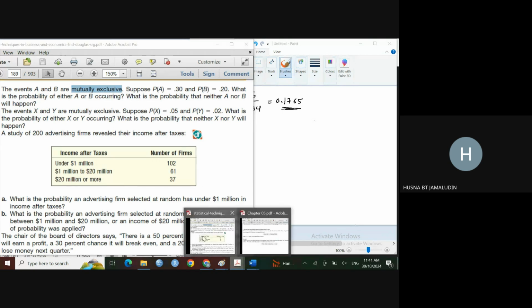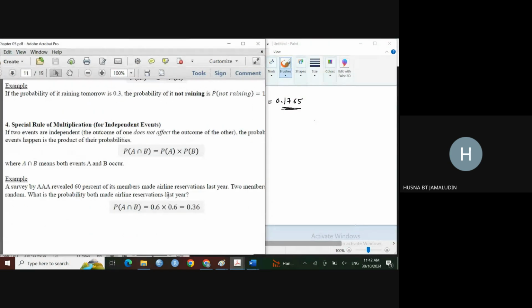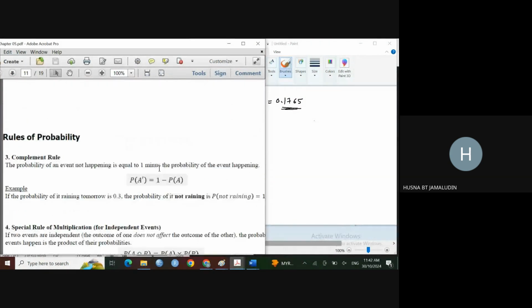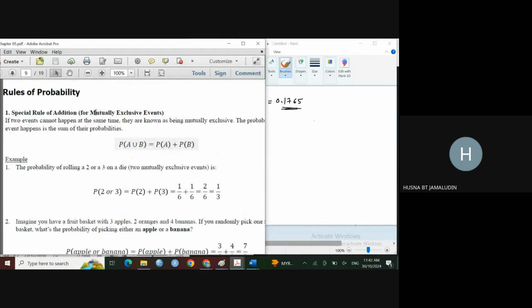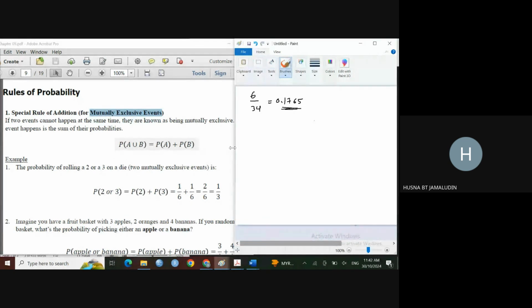So if you go back to the notes, you can see we have a mutually exclusive event. So what is the formula? The formula is probability of A plus probability of B. That's it. So for mutually exclusive events, probability of A plus probability of B. So let's go back to our question.